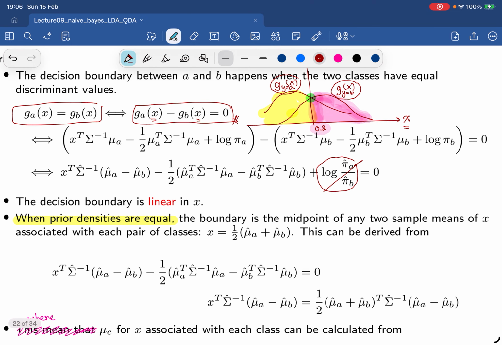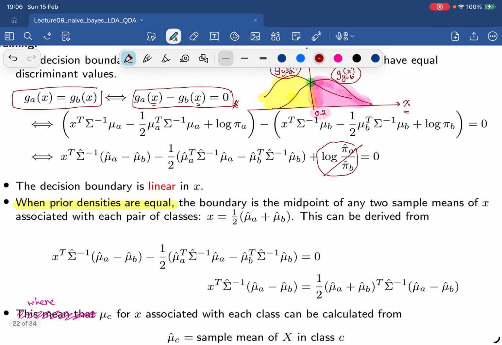And it turns out that in the case of LDA, the X that causes these two functions to have the same value is actually X equal to the average between the two sample means, where Y is equal to A and Y equal to B. So it's like the midway.